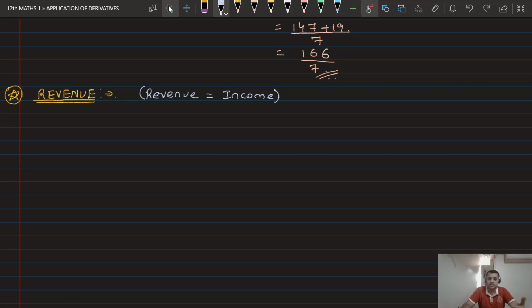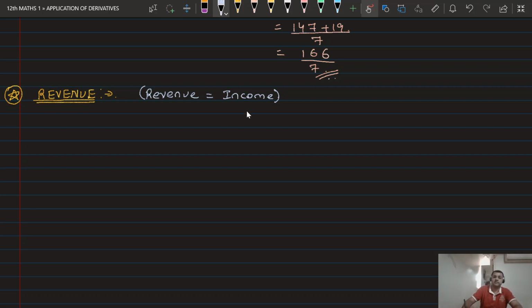So 500 rupees becomes your income, it becomes your revenue. Suppose some other customer comes and buys 3 t-shirts of the same kind, so in that case you will get 500 rupees for each t-shirt. So 500 for one, 500 for the second, 500 for the third. So overall you will get 1500 rupees, which will become your income or your revenue.